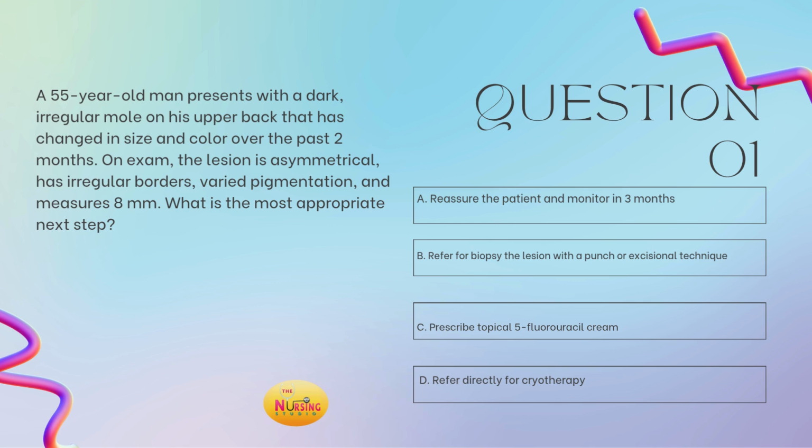It's asymmetrical, it has irregular borders, varied pigmentation, and it's measuring 8 millimeters, right? So I want y'all to think melanoma off top. Think about what we do when we think about melanoma. A, B, C, D, and E, right? Asymmetry, your borders, the color, the diameter, right? Think of all of those things, and all of that is described here.